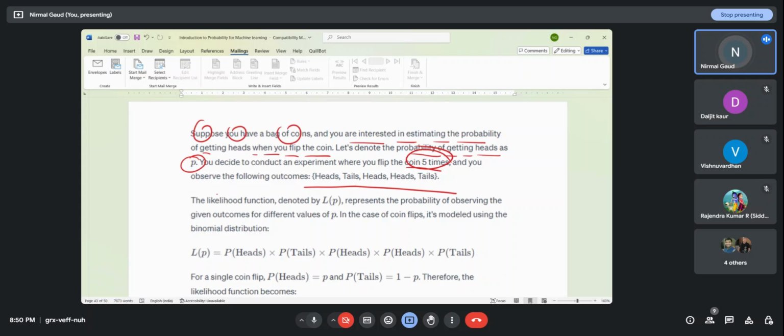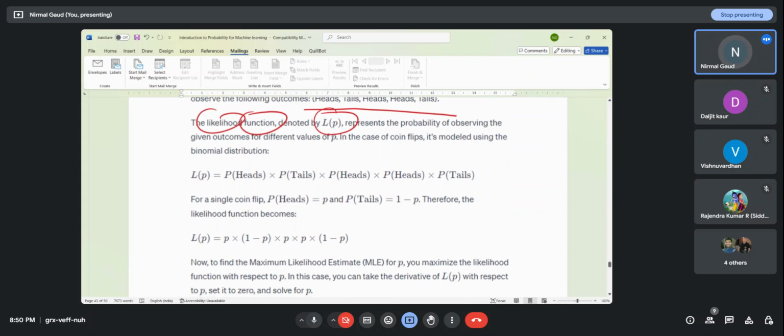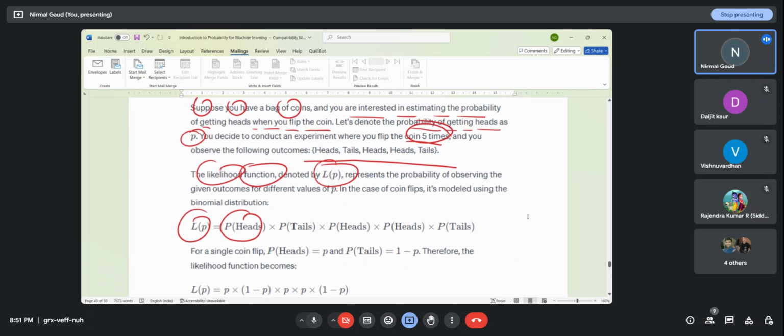So the likelihood function we can make here is L(p). And it is given as probability of head. Okay, ये देखो head आया था ना पहले. Probability of head multiplied by probability of tail multiplied by probability of head multiplied by probability of head multiplied by probability of tail.